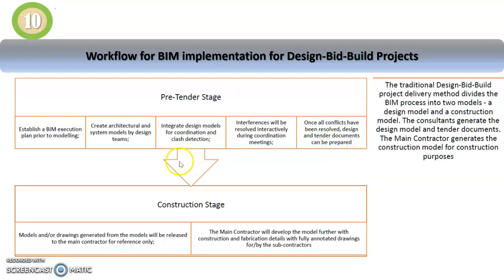Then it goes on to the construction stage, where the models and the drawings generated from the models will be released to the main contractor only for reference, and the main contractor will have to develop the model further, with construction and fabrication detail, or with fully annotated drawings for the subcontractors or by the subcontractors.